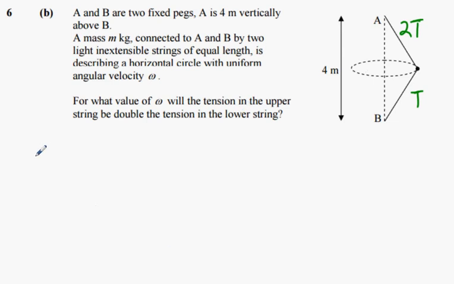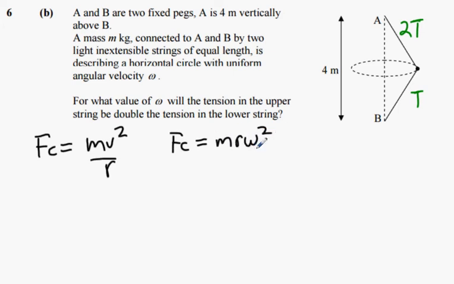We're going to use a centripetal force, which can be mv squared over r, or it can be m r omega squared. Then our second choice is forces up equal forces down.